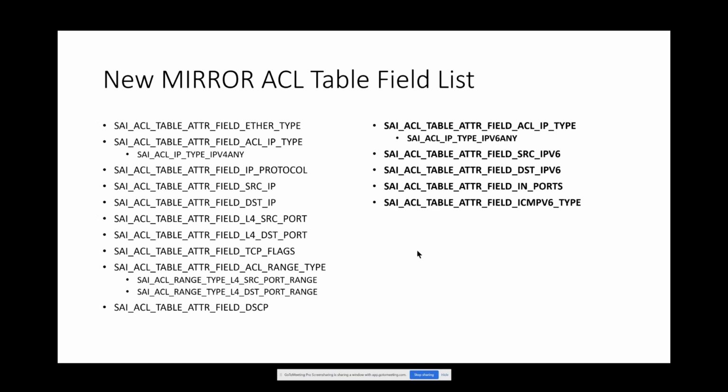So according to the SAI spec, one approach is a policer attached to the mirror session. The other is to sample the mirror traffic. And I think there is another mechanism: in the mirroring session we have a queue attribute to specify which queue those mirror packets go out, the TC.